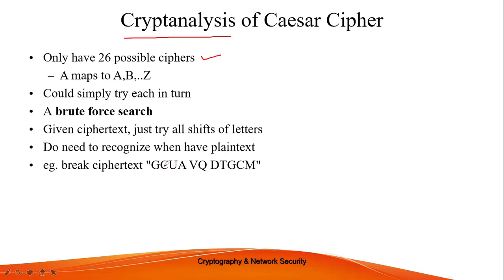For cryptanalysis of this particular cipher, we can simply try each in turn, which is a kind of brute force search. For a given ciphertext, we just try the shift of letters, right?